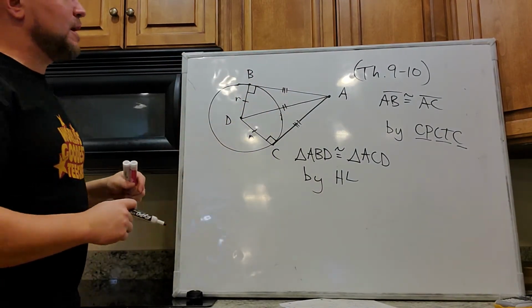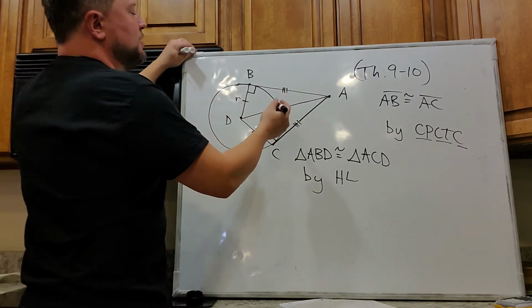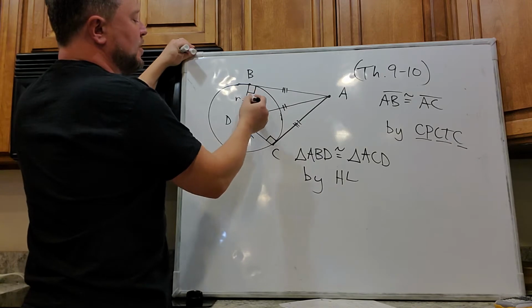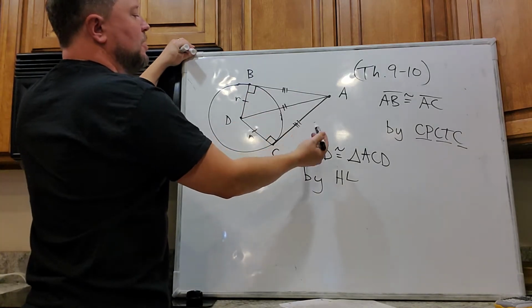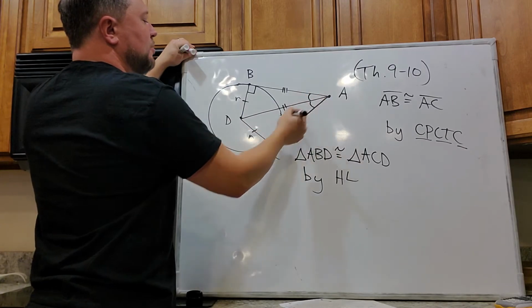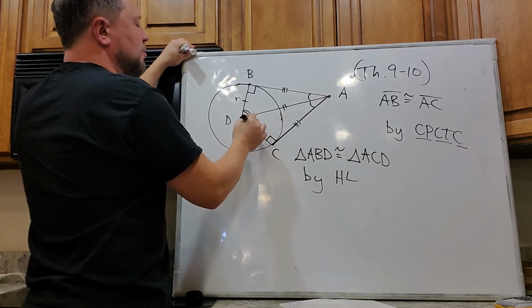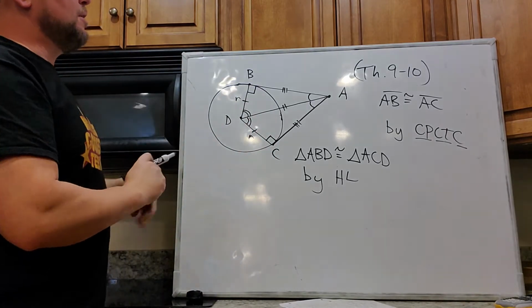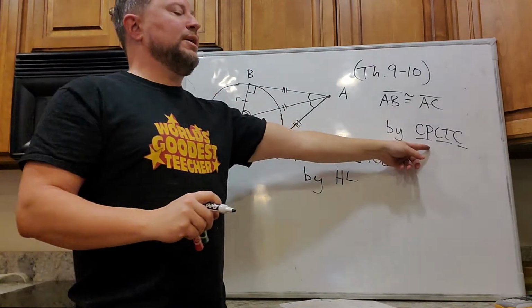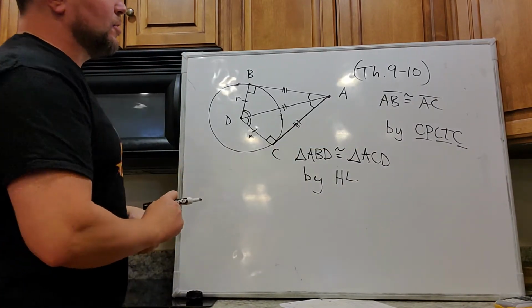If this is just a reflection of that one, then not only do those sides match, but the angles match as well. This angle will match that angle. This angle here at the center of the circle will match that angle at the center of the circle. And again, you could reason all of that by CPCTC, because we already showed the triangles are congruent.